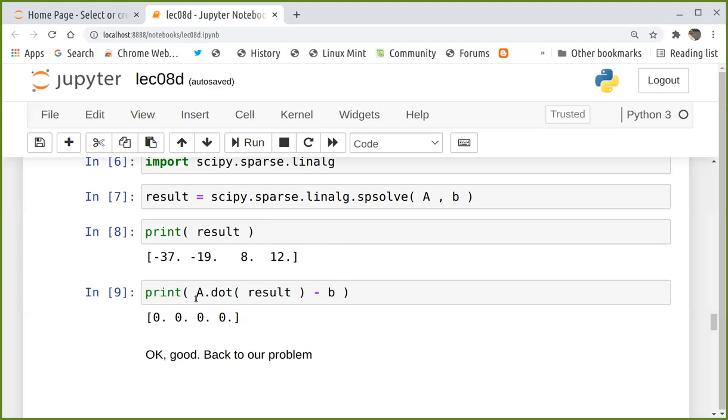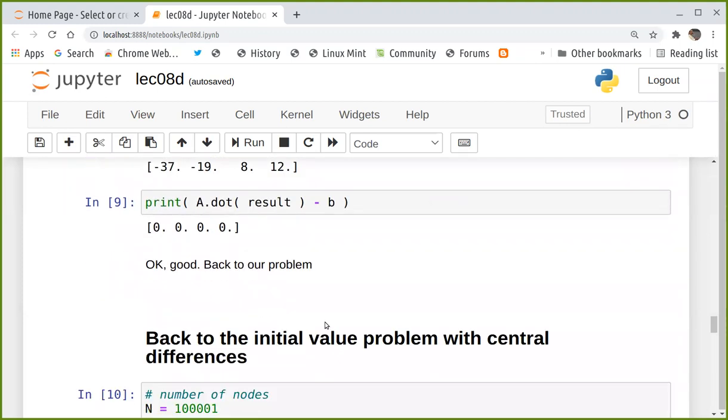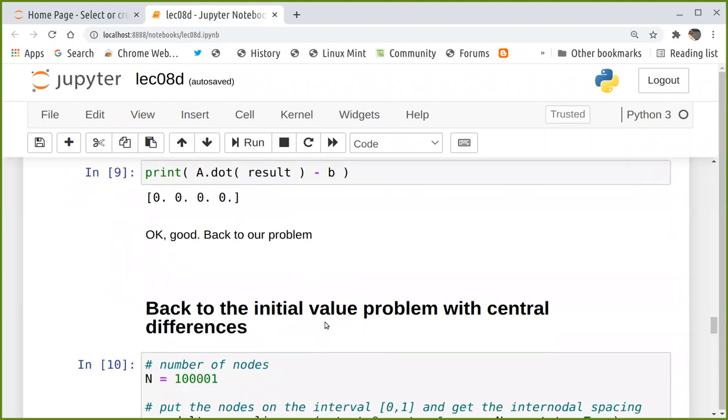If we take A times the result minus B, we get the zero vector as we should. Okay, so that's how we go about solving these sparse systems.